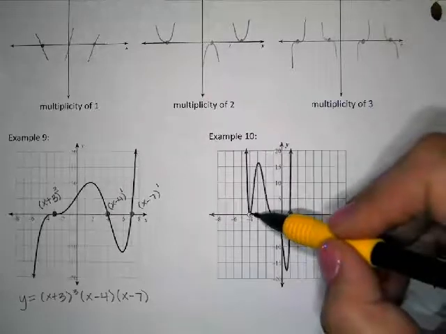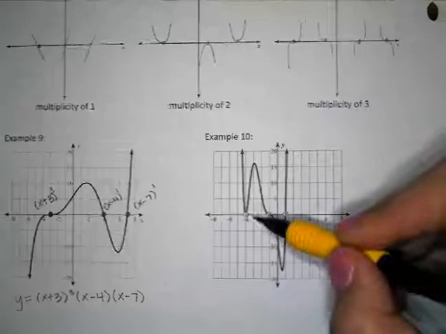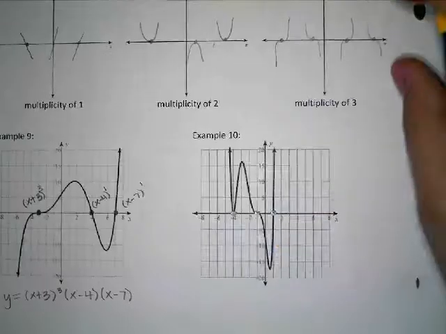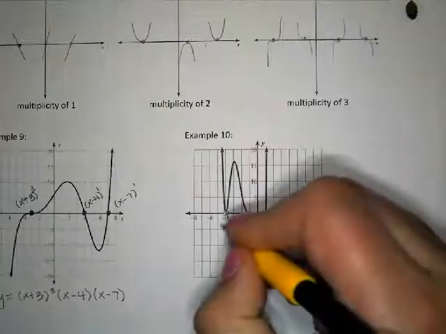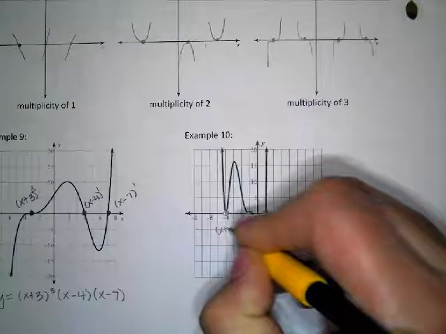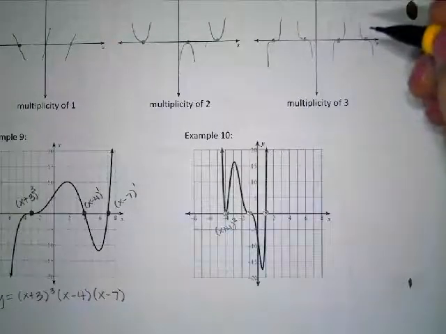So what should our first set of parentheses be? Okay, x plus 4, and then squared. Why is it a squared? Yeah, because it bounces. It stops there. What's the next parentheses?